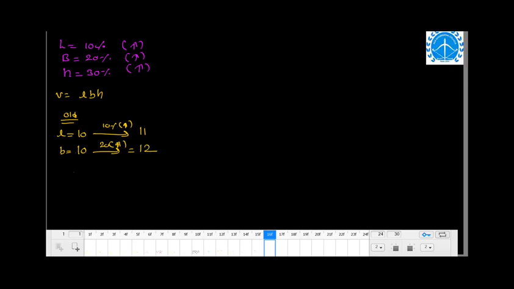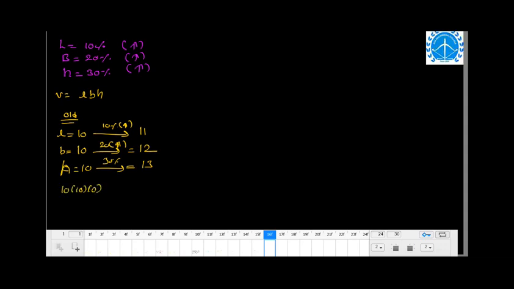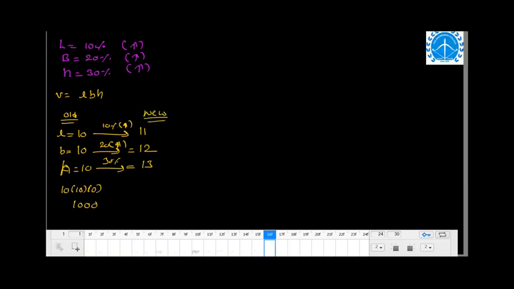Height, also assume 10, not a problem. 30% increase, what is the value? 13. So the old volume is 10 into 10 into 10, 1000. Here multiply for the new: 11 into 12 into 13, 1716.